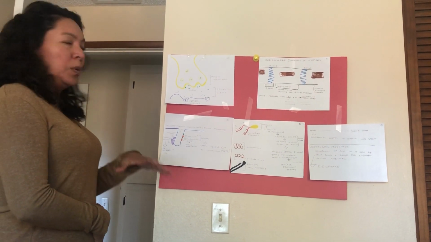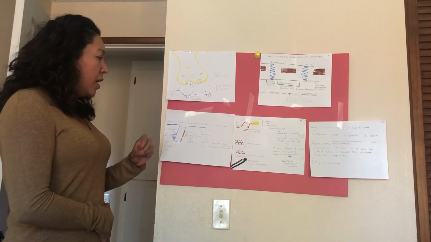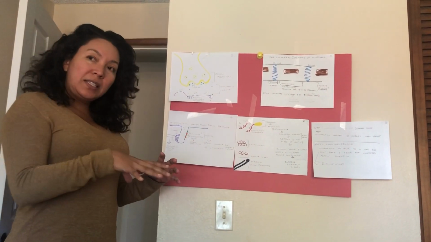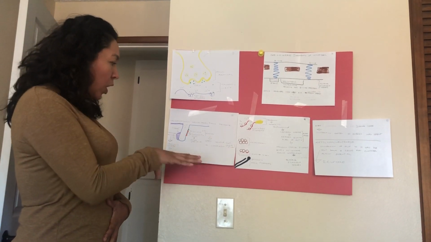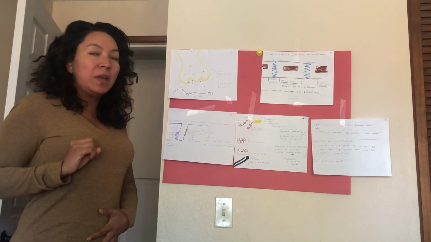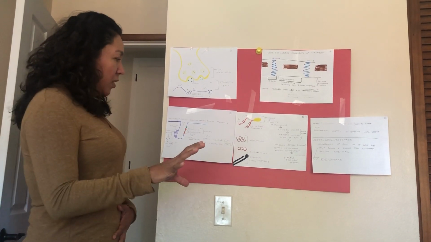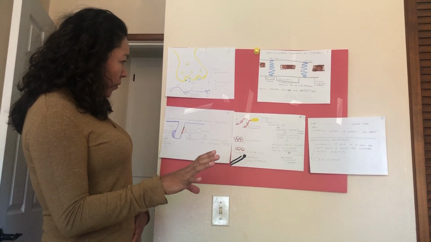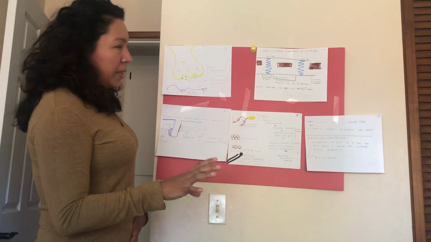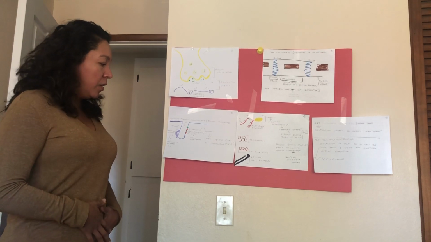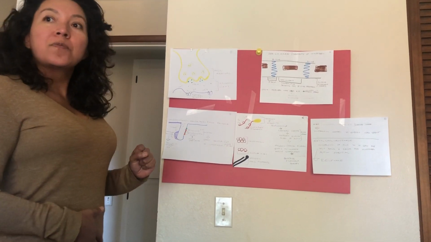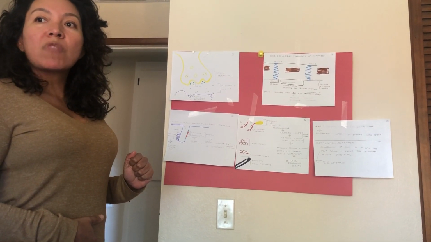And these are voltage gated channels. And what they do is, as the ACH is traveling down the T-tubule, they open up. And as they open up, they allow for calcium to flood into the cytoplasm, or the inside of the cells, through the calcium voltage gates.